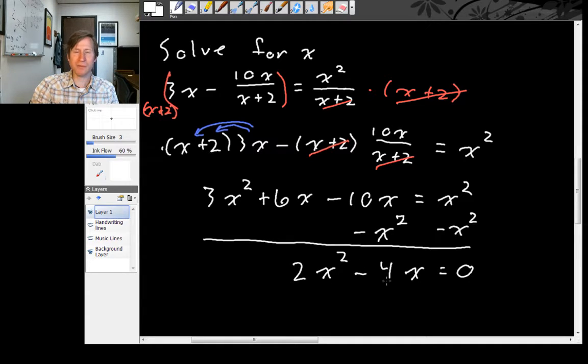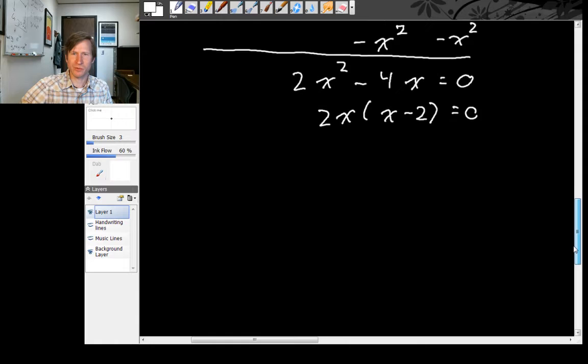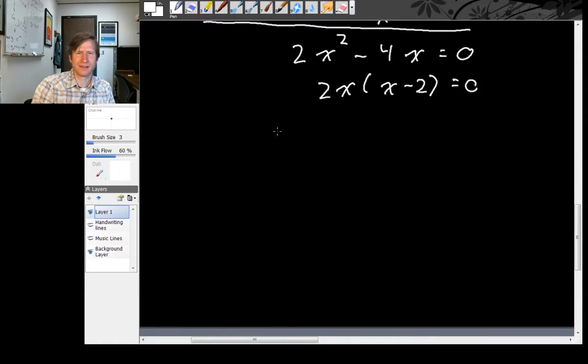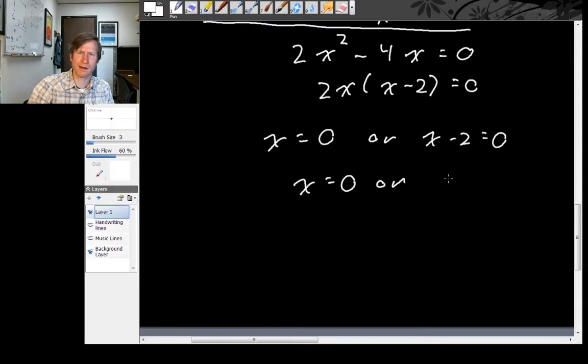Looks like there's a common factor of 2x, so we'll just factor out the common factor. So 2x times x minus 2 equals 0. And then we can go from here. So x is either 0 or x minus 2 is 0. So either x is 0 or x is 2.